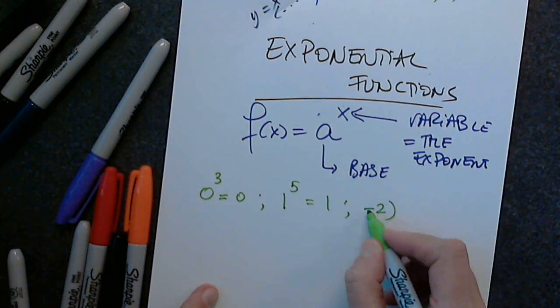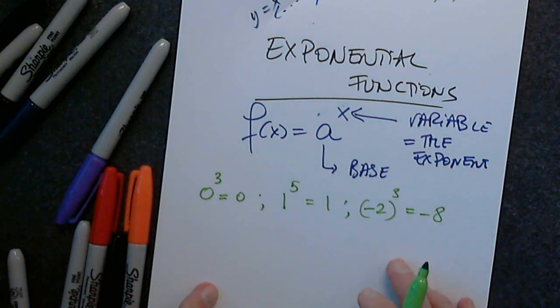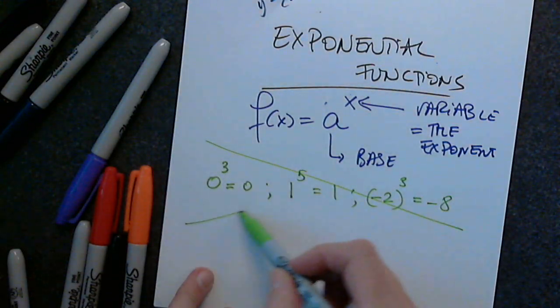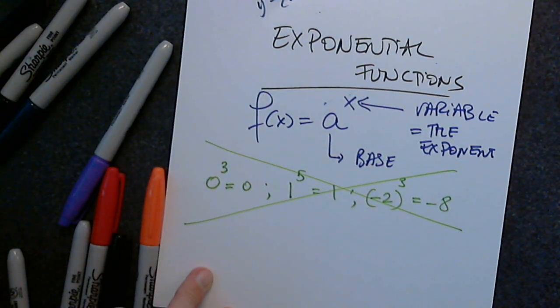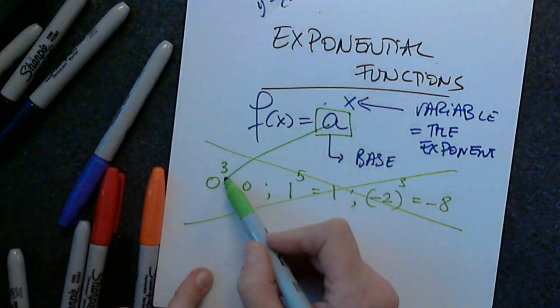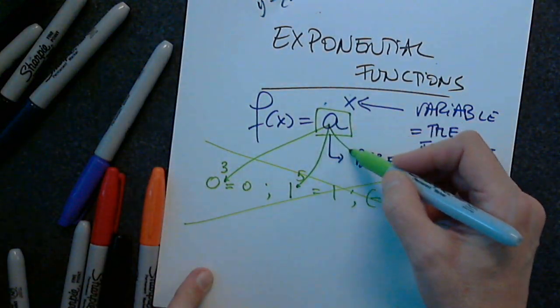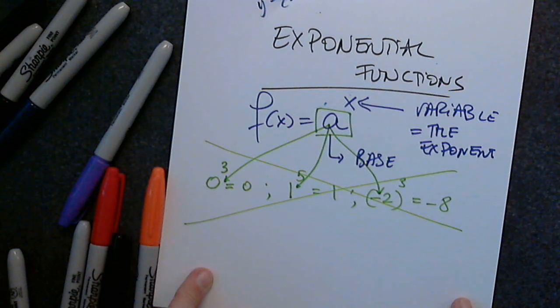Can I raise -2 to the third power? Excellent. These are not allowed for the exponential function. They're all possible. In other words, the point I'm making is A cannot be 0, A cannot be 1, and A cannot be a negative number. Not allowed. Never.